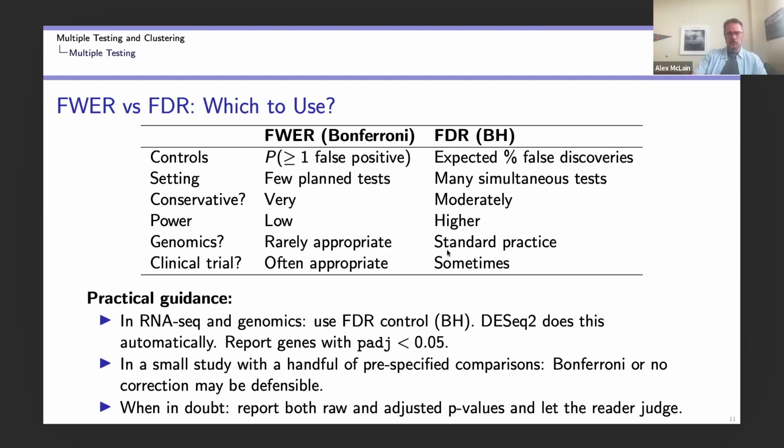The BH procedure is used much more frequently. In clinical trials, you'll often see the Bonferroni procedure there. But sometimes when they have a lot of different things they're looking at, the BH procedure will be used. It's gotten to be a lot more accepted in practice.